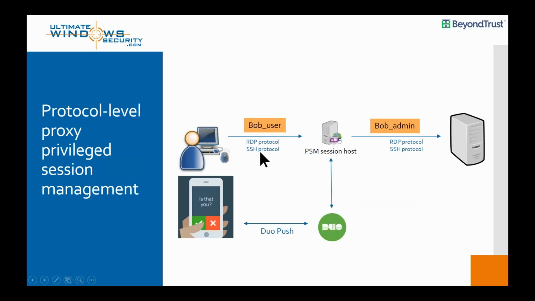So here I am initiating or connecting to my PSM host either via RDP or secure shell. The session host gets that. It looks inside the username and says, oh, Bob wants to connect to this server over here with RDP as Bob admin. All right.